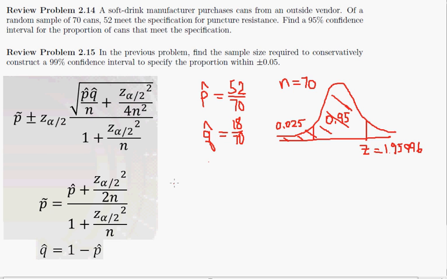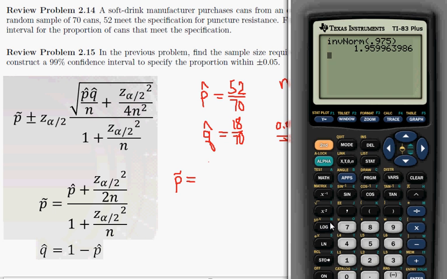Okay, so now we just turn the crank on the formulas here. So p tilde is going to be the center of the confidence interval. Now this number is going to be different than p hat. It's going to be fairly close, but it'll be different. So 52 over 70.